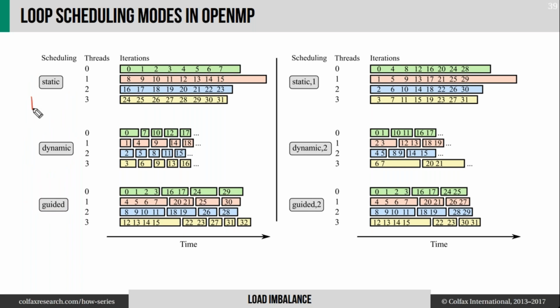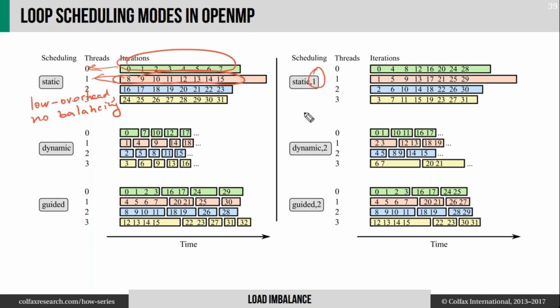Static is a low overhead and no balancing method. With the static scheduling mode, OpenMP assigns iterations to threads before the loop even begins. By default, it assigns approximately equal contiguous chunks of iterations to different threads.